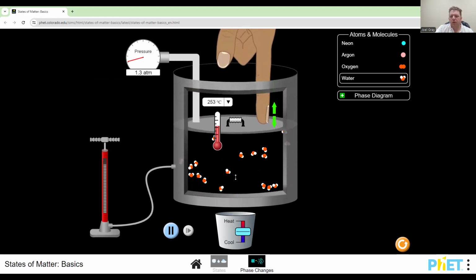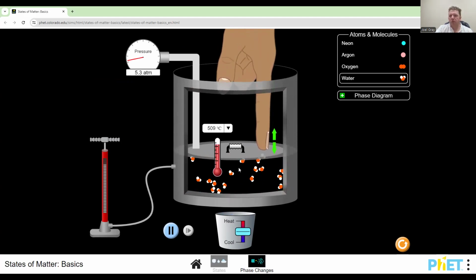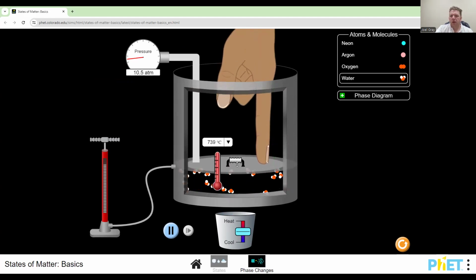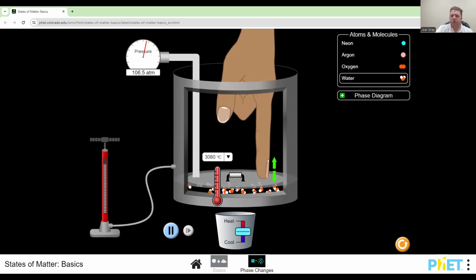I'm increasing the collisions. I'm basically trying to trap all of these molecules into a limited space so that they have a strict range that they can move in. And so arguably they look more like a solid.